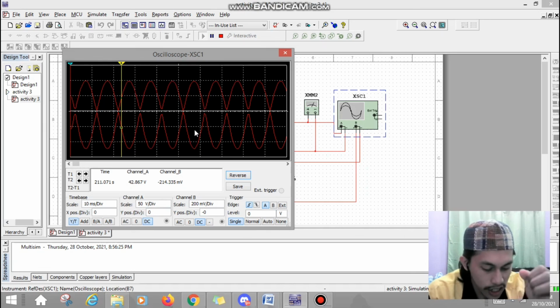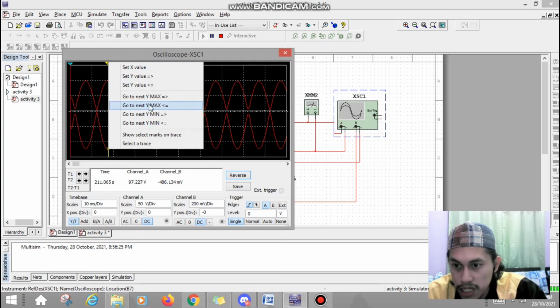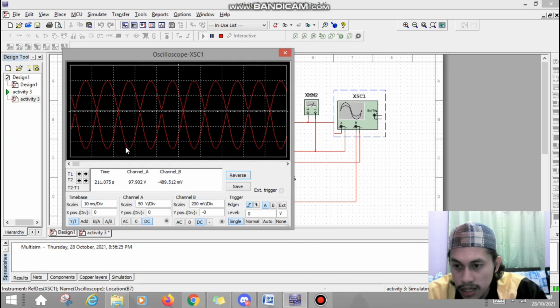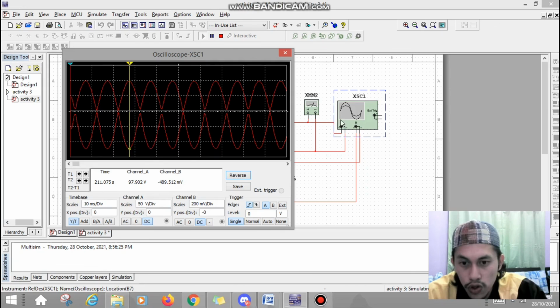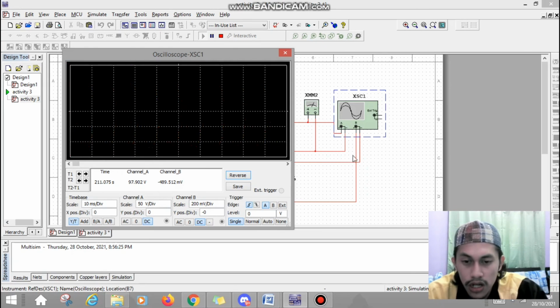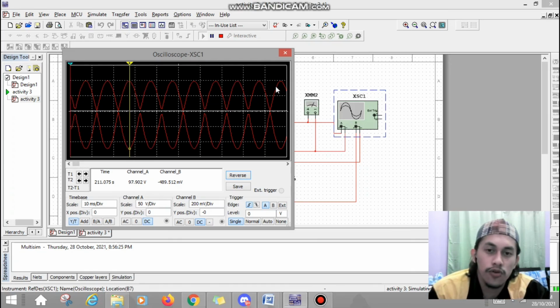To find the output at channel B, we move the cursor, the tracer, to the bottom of the sine waveform. We choose Ymin, and the value is negative 489.512 millivolt. So this is the I out inverse for the circuit. That's all from me. Thank you.